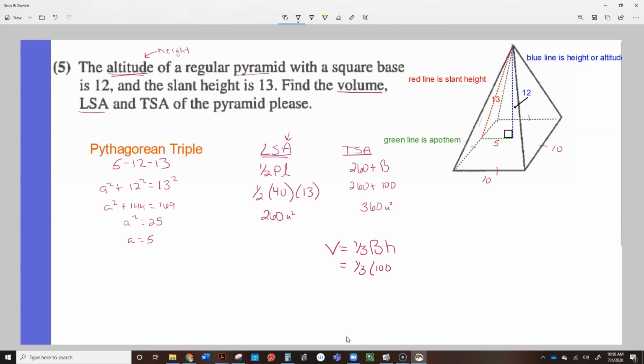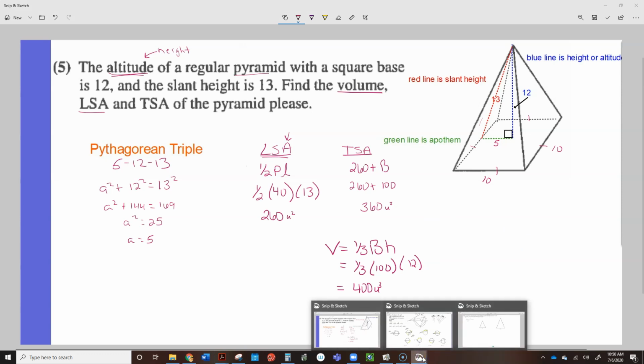The area of the base is 10 times 10, and the height is 12, the height of the pyramid. So we've got 1/3 of 12, I think, is 4, so that would be 400, and that's units cubed, okay? And I believe that's what we just saw on the answer sheet.